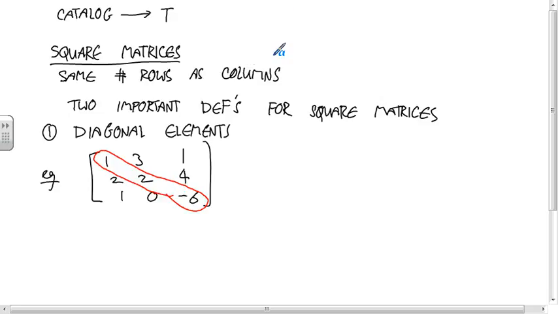Mathematically, notice that those are all the elements with the row number equal to the column number. So the 1 here is row 1, column 1, so they're equal. The 2 is row 2, column 2, so they're equal, and the -6 is row 3, column 3.